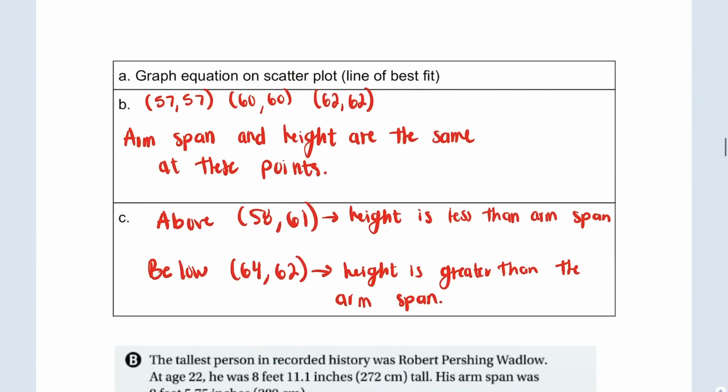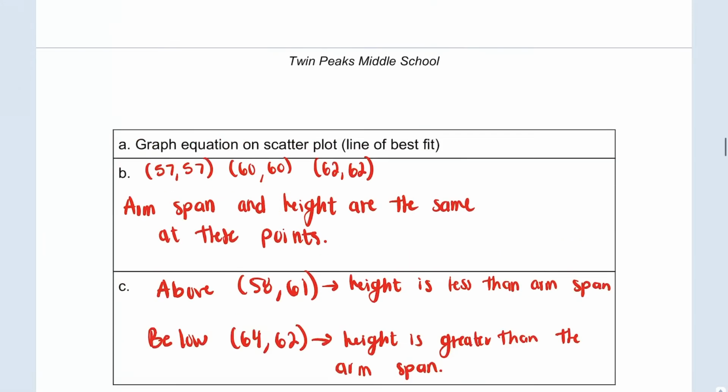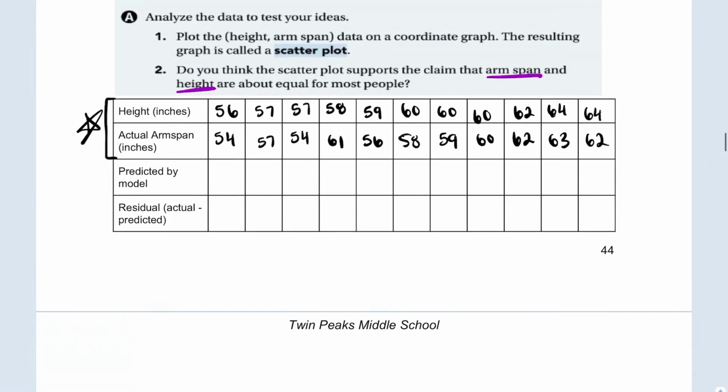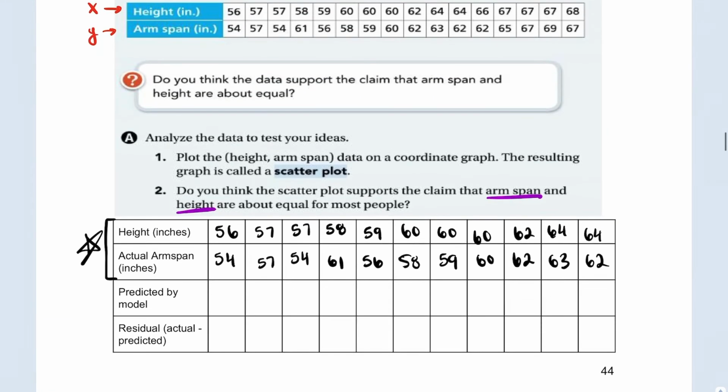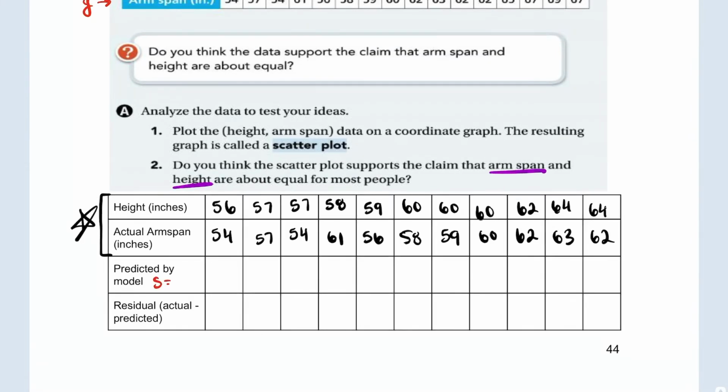Okay, so what we're going to do is I would like you guys to go ahead and finish this table here. So the model that we're going to use is the model S equals H. Okay, so when the height is 56 inches, the predicted arm span should also be 56 inches.